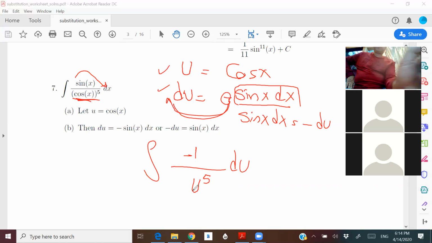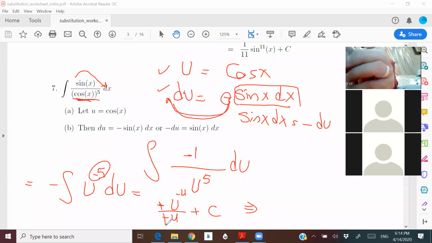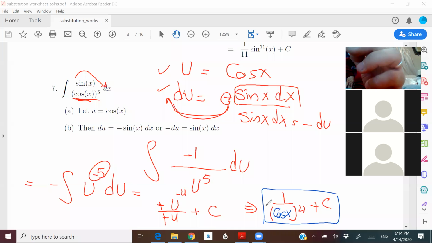Now I can rewrite it as u power negative 5 du with the negative 1 out, which becomes, adding 1 to the power, u power negative 4 over negative 4 plus constant. Simplify, it becomes 1 over u power 4 plus constant. Now I can replace u by cosine x, so it becomes 1 over cosine x power 4 plus constant.